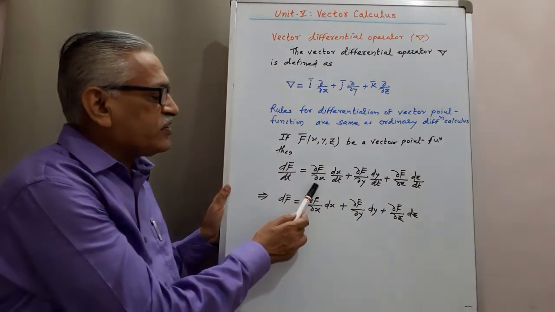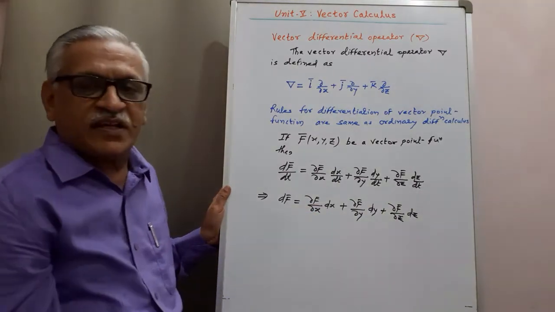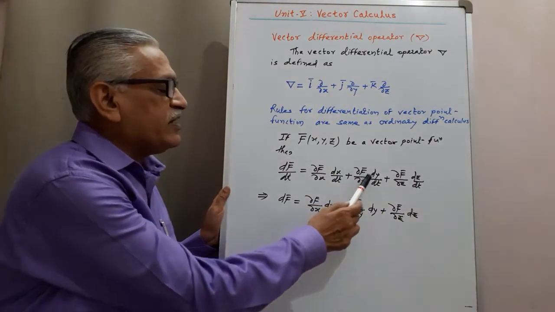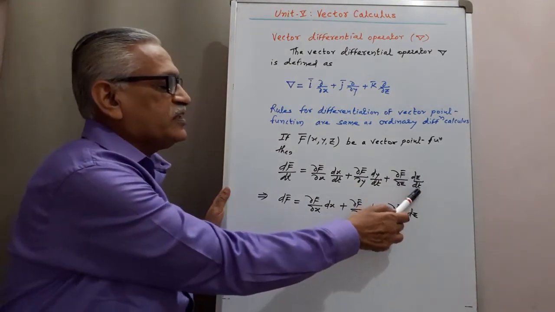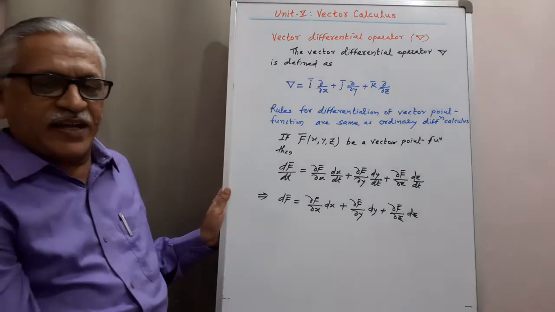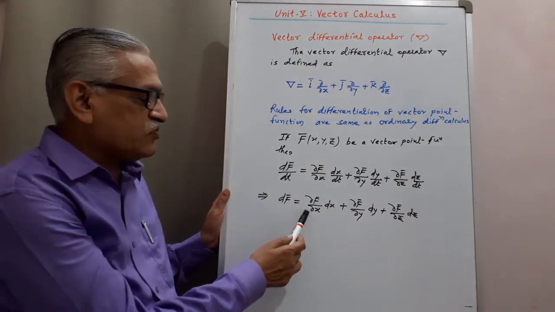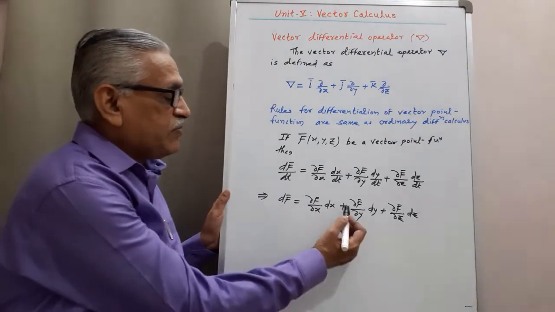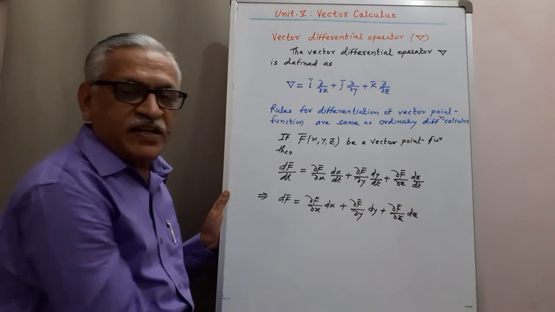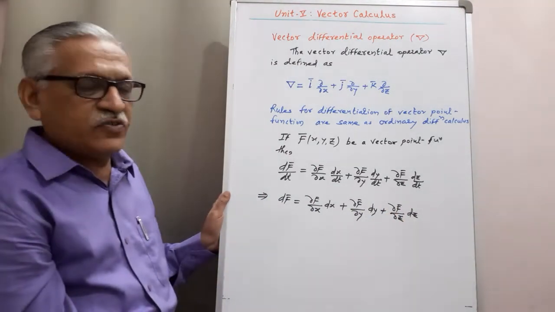Applying chain rule, dou F by dou x into dx by dt, plus dou F by dou y into dy by dt, plus dou F by dou z into dz by dt. Then cancelling dt throughout, we get dF bar equals dou F bar by dou x into dx plus dou F bar by dou y into dy plus dou F bar by dou z into dz.